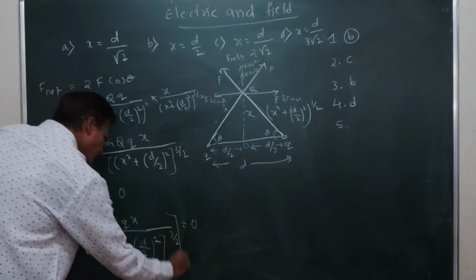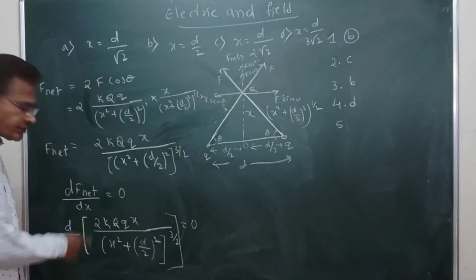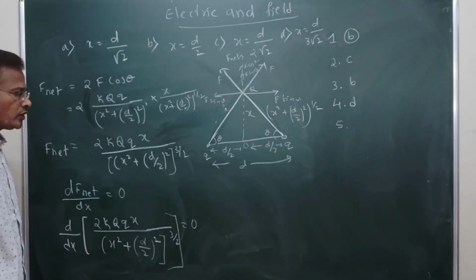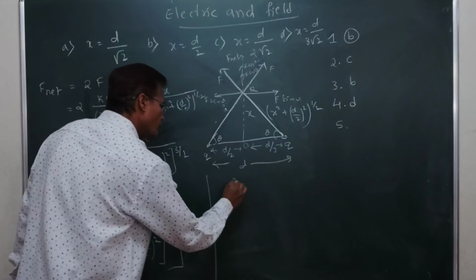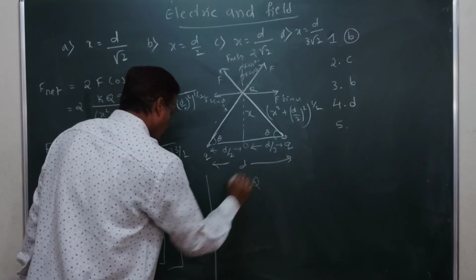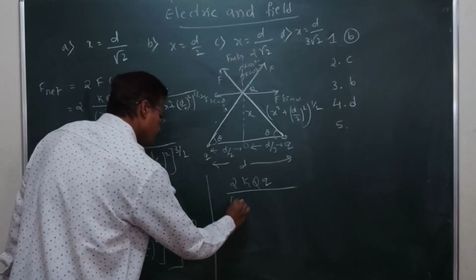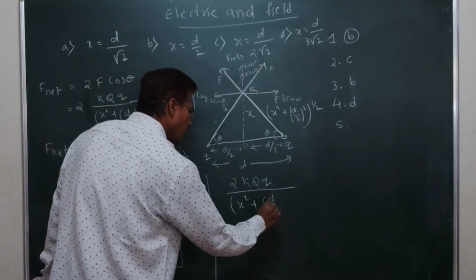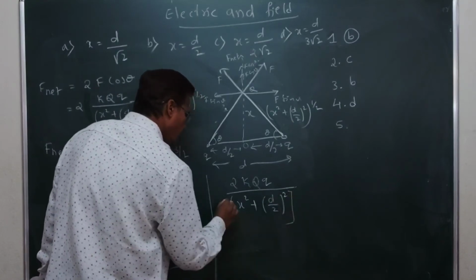To differentiate this, there is an upper part and a lower part. First we differentiate the upper part, then the lower part. So this gives 2kQq divided by x square plus d by 2 whole square to the power of 3 by 2.